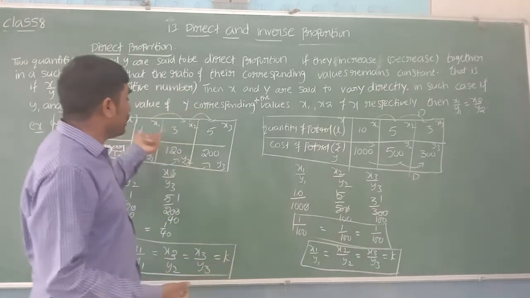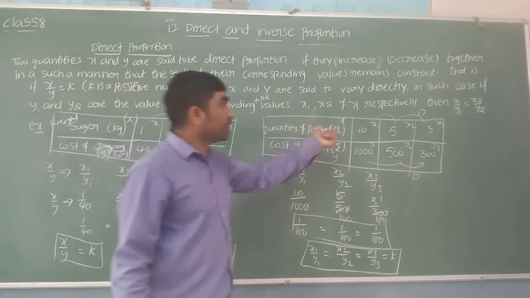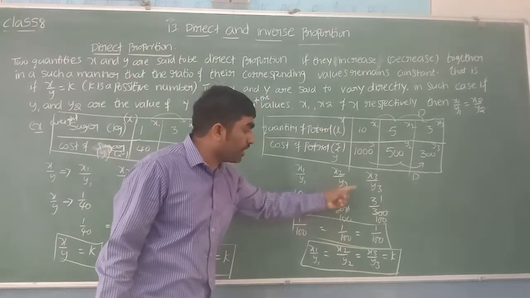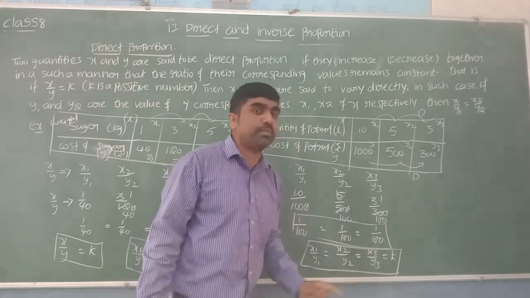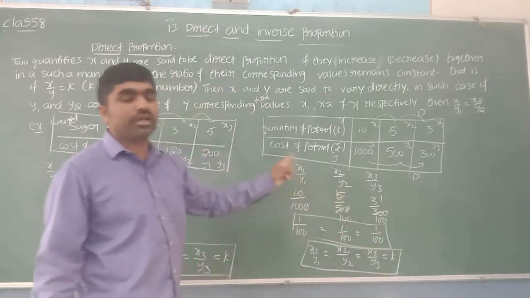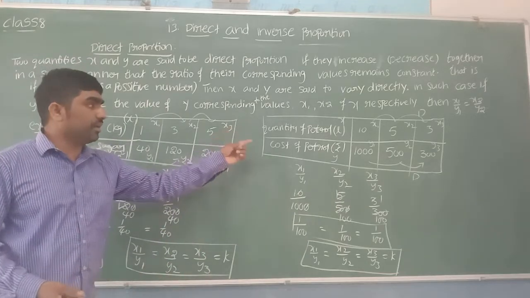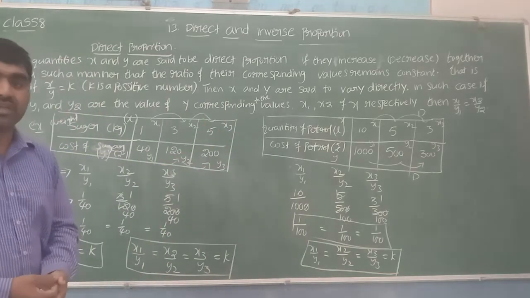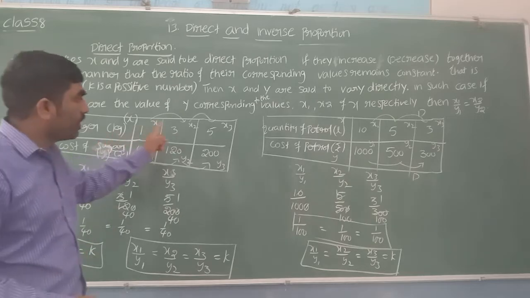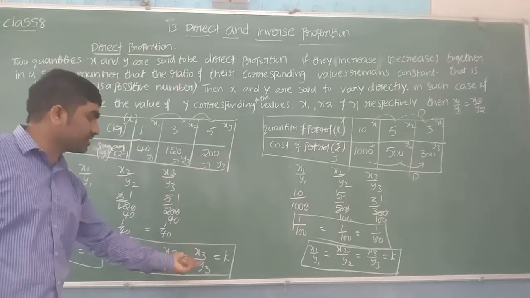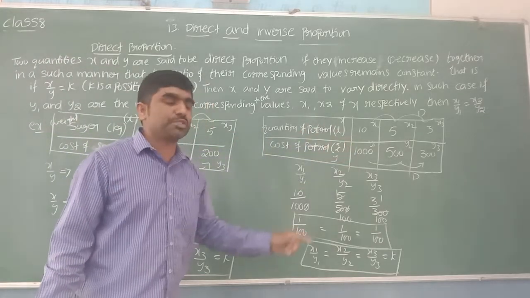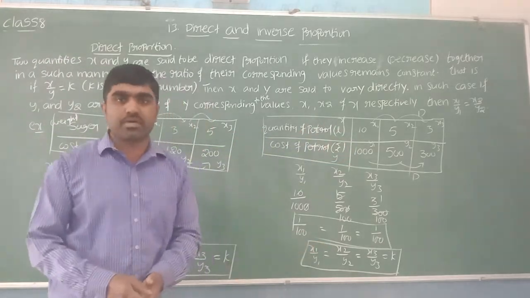Not only increasing together, if both quantities are decreasing together and the ratio of their corresponding values remains the same, then the first quantity is directly proportional to the second quantity. So directly proportional means either both quantities increase and give the same constant, or both decrease and their corresponding ratio gives the same constant.